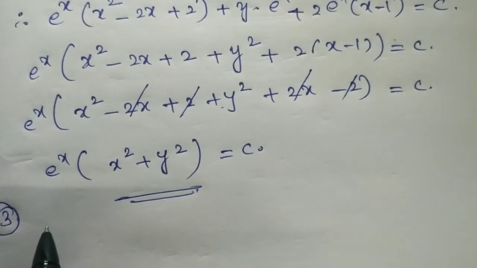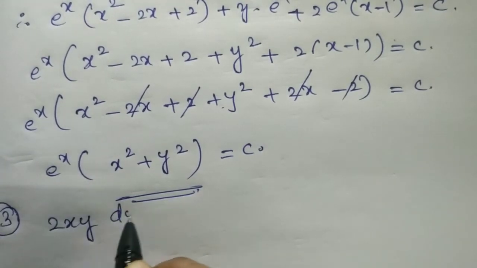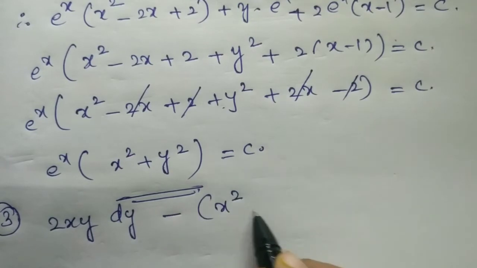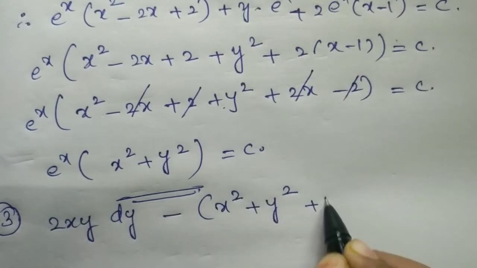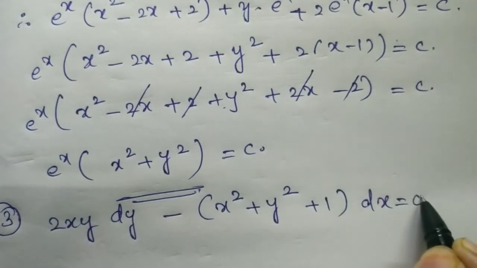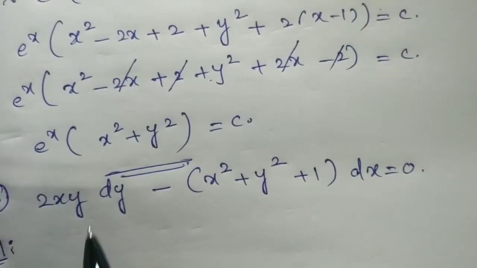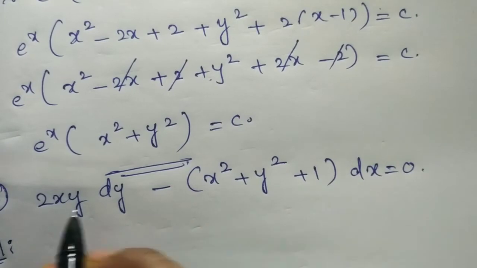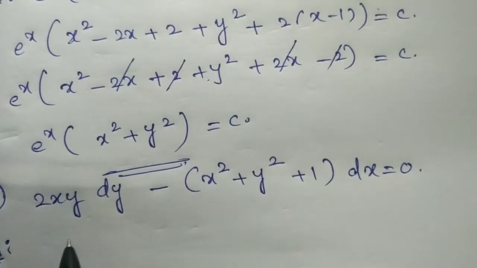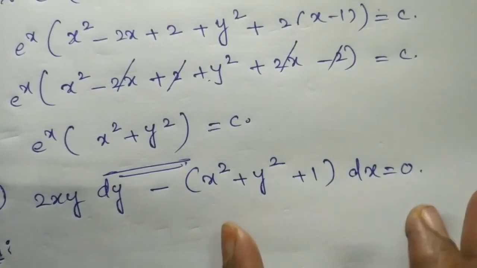Next problem, 2xy dy minus of x square plus y square plus 1 dx equal to 0. So this problem can be written as m dx plus n dy form.